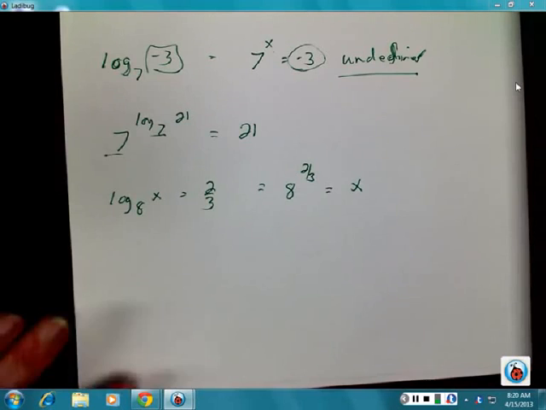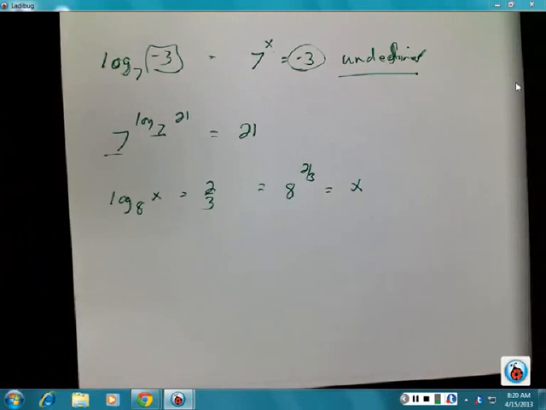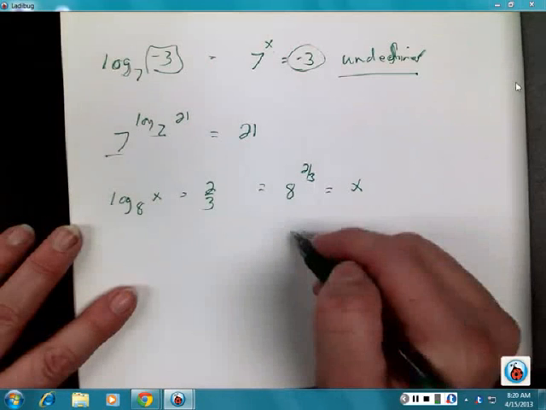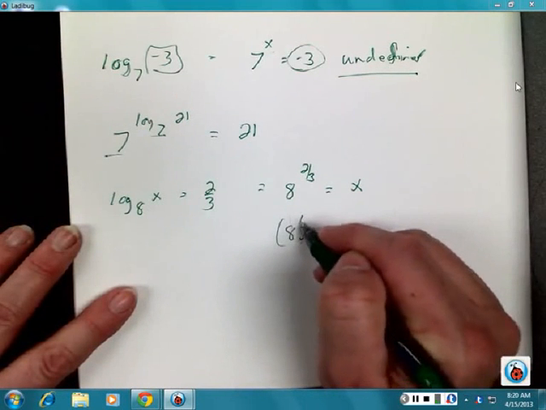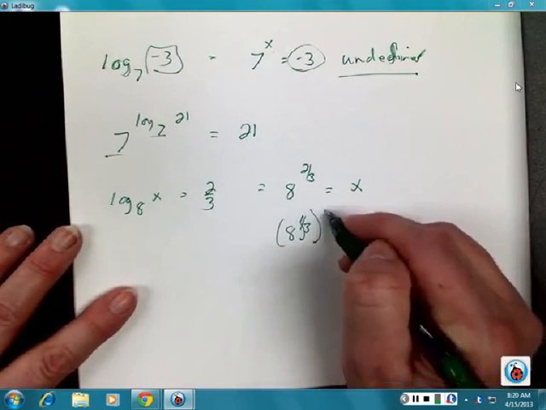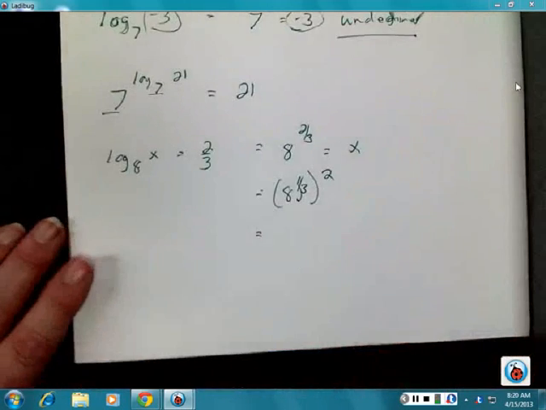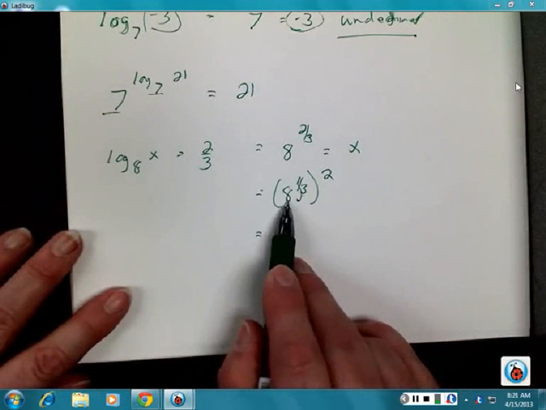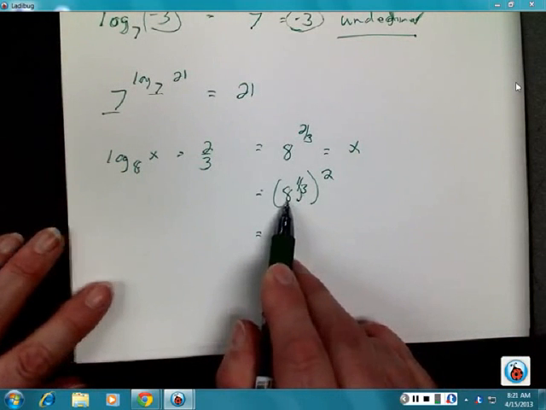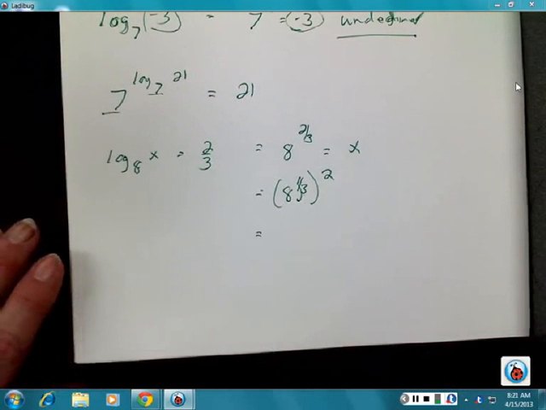So now it's kind of going back and looking like what we had in some of the previous sections. So it's 8 to the 1/3 raised to the second power, if you want an exact answer. This means the cube root of 8. So what's the cube root of 8? A little bit of chapter 9 coming back in here.